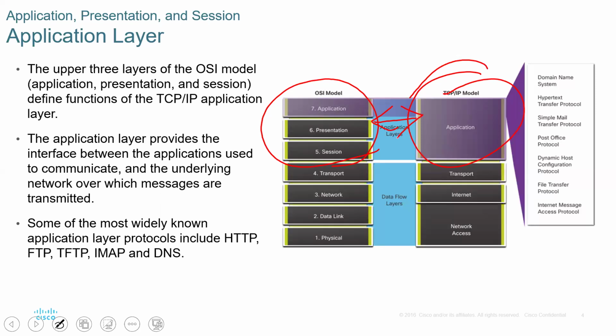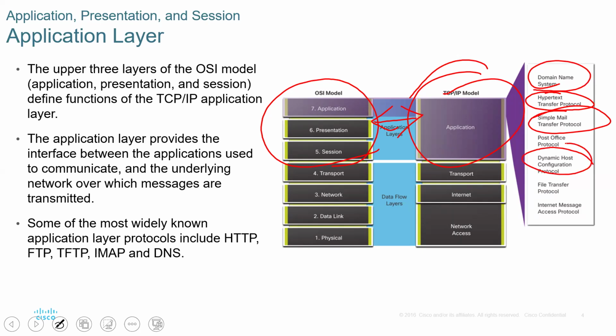So the application layer actually provides the interface between the applications that are used to communicate and the underlying network over which the messages are transmitted. So where you build your services like your domain name or your DNS, your web services or HTTP, your SMTP mail service, your POP, post office protocol, or your DHCP.